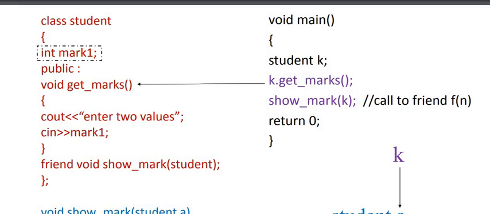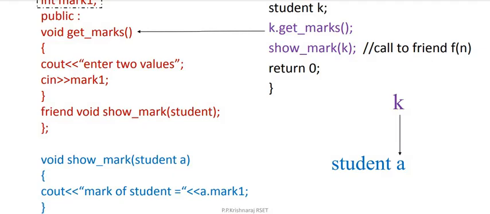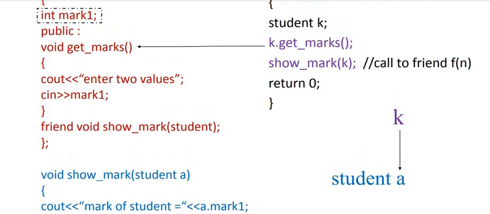Now look at the definition part of show mark. Void show mark and object is a dot mark 1. This is defined outside the class without scope resolution operator. Now look at the main program on the right side.